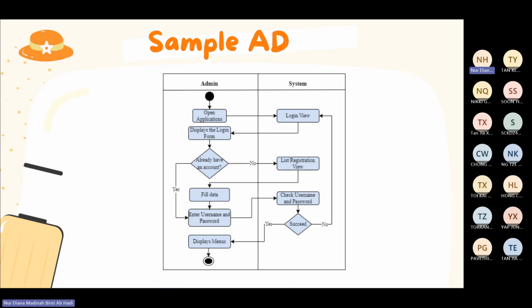So the ones I mentioned: you have the start, the black colored one, and then you have the bullseye. You have your processes, your decisions, your arrows, where you need to show what the activity and the processes are.